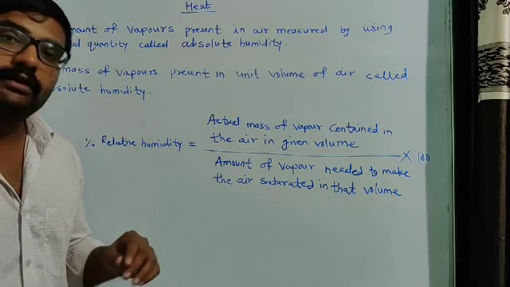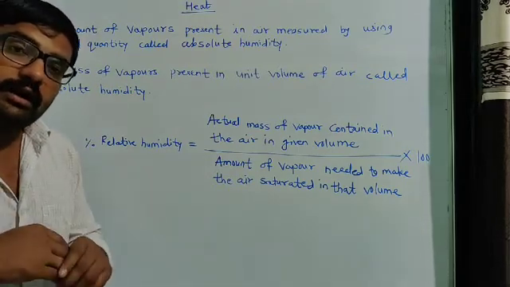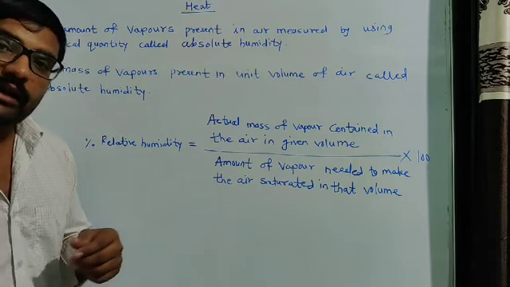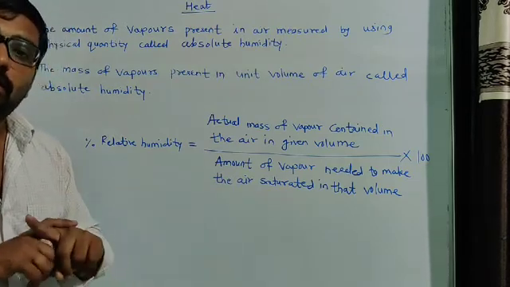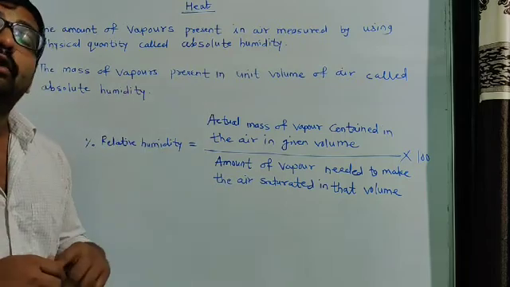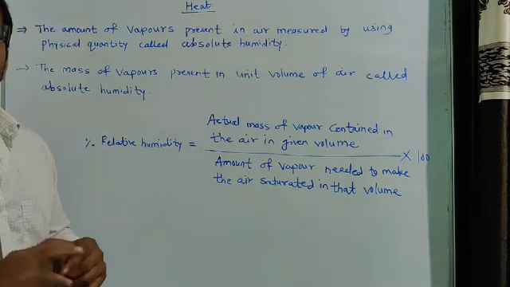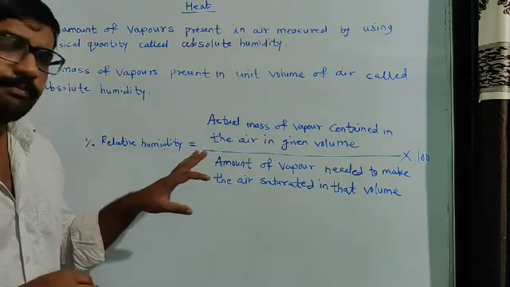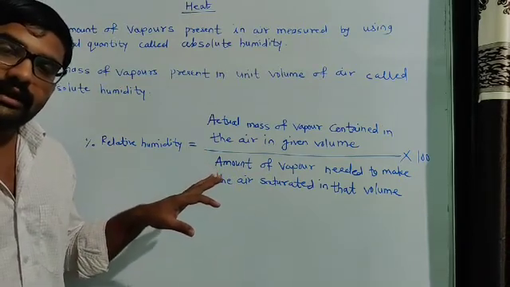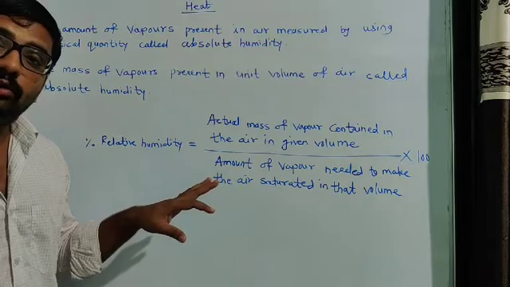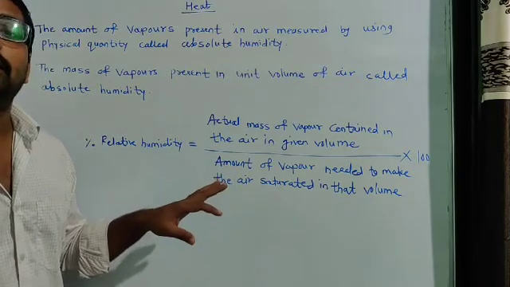After that limit, if you try to add water vapors, then that water vapor does not add in that given volume of air at that particular temperature. After that, the vapor starts to convert into droplets, and that we call dew.